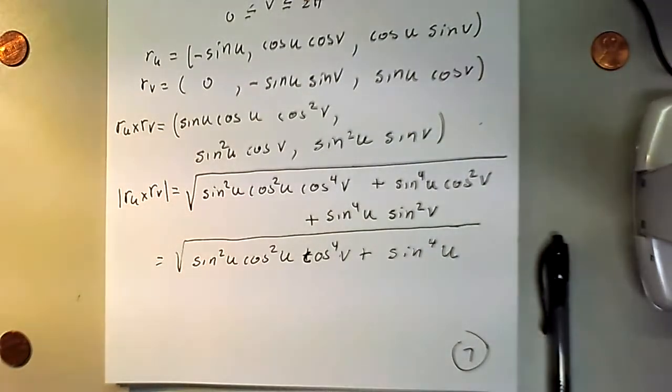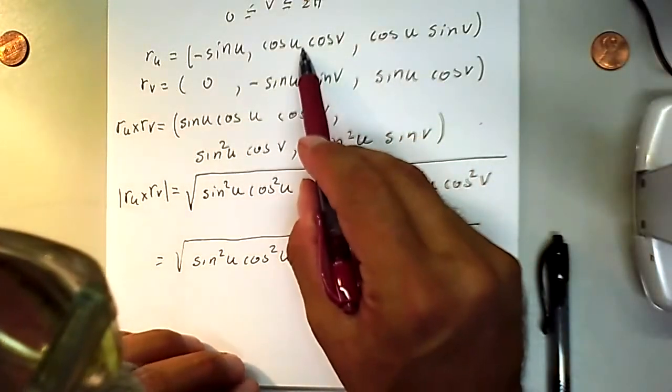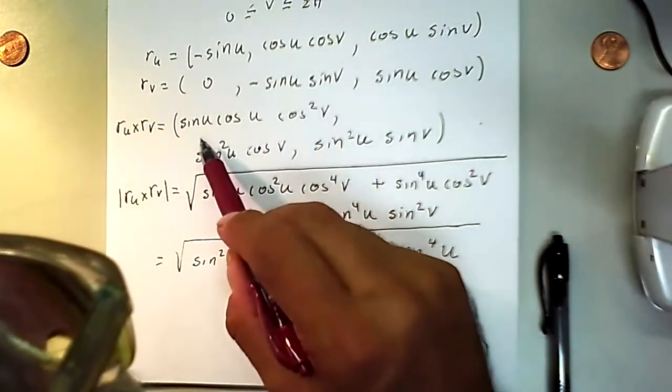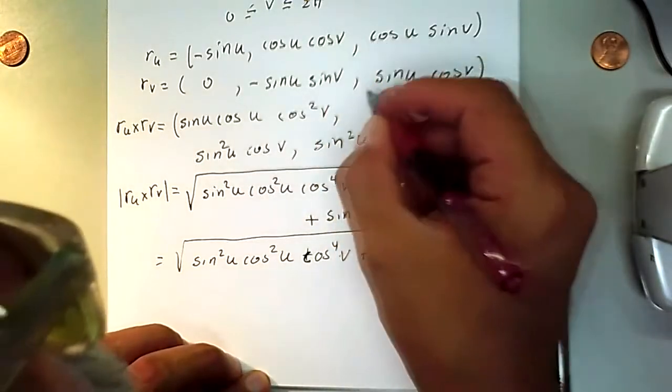Okay, I almost immediately found a mistake. When I did the cross product here, this seems to be correct, but then I missed doing the product here.